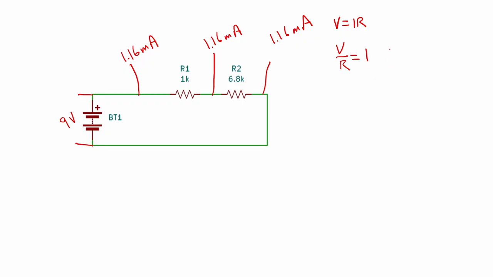So in this case, we have 9 volts, and we divide that by the total resistance, which is 7,800 ohms, and that gives us a current of 1.15 milliamps theoretically, which is pretty dang close to what we measured here.